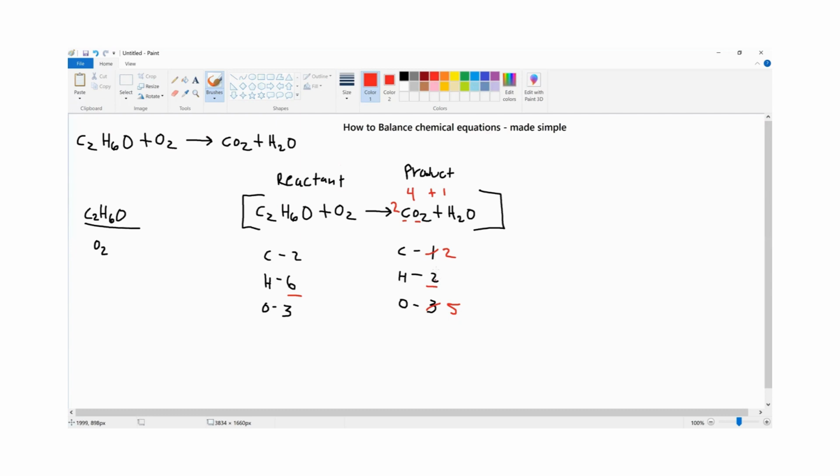What can I do to hydrogen to get a 6? If this is a 2, I need a 3. That's 6. But remember, oxygen is here. So we had 4 oxygen here. 3 times 1 is 3. That is 7.